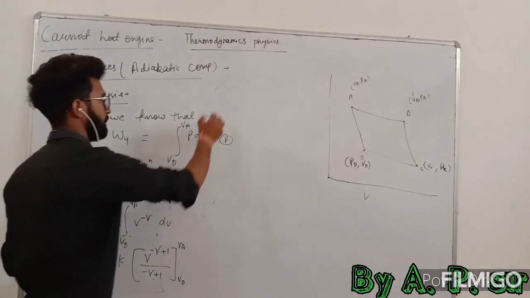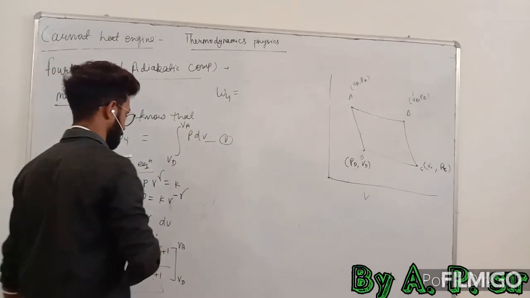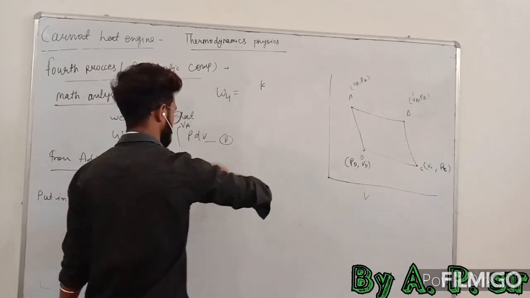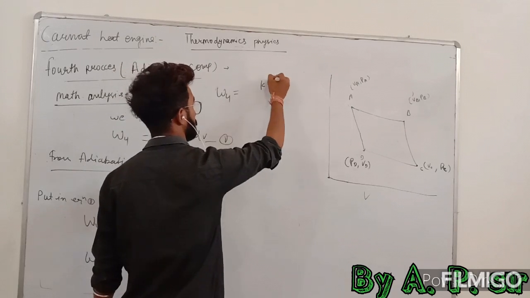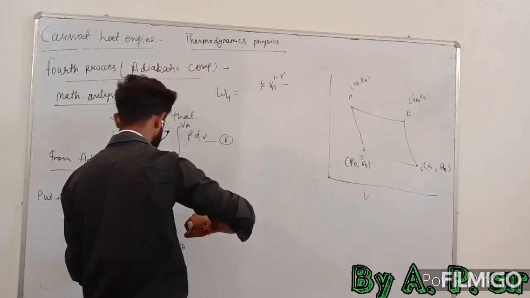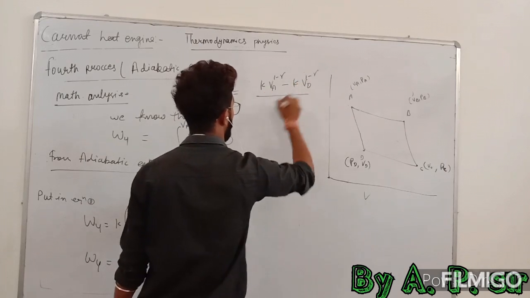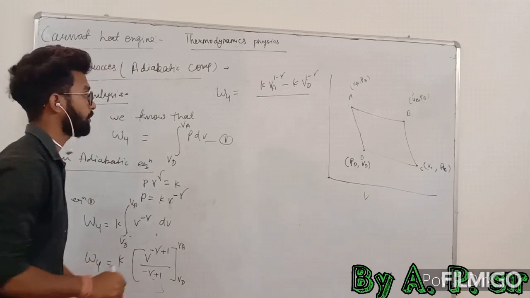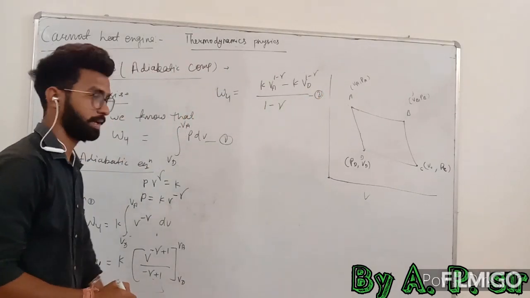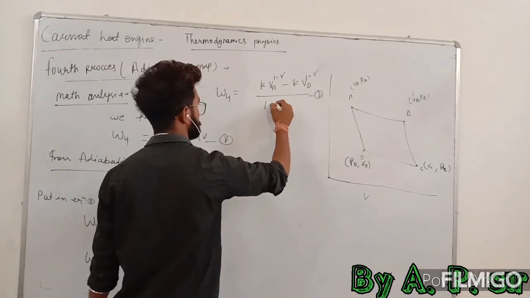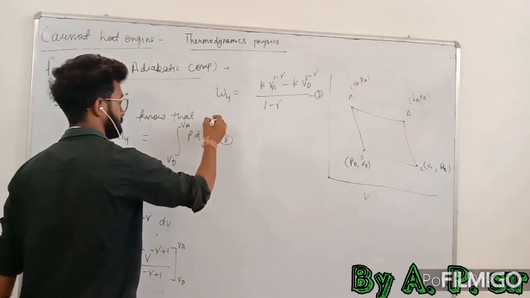In the next term, W4 equals K VA^(1-gamma) minus K VD^(1-gamma), upon (1-gamma). This is equation second.